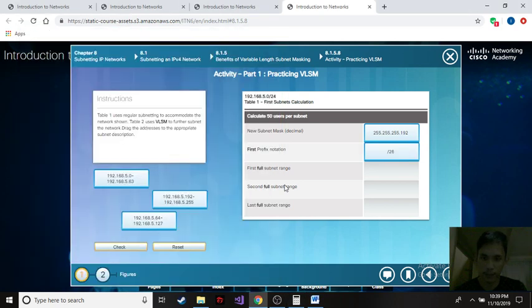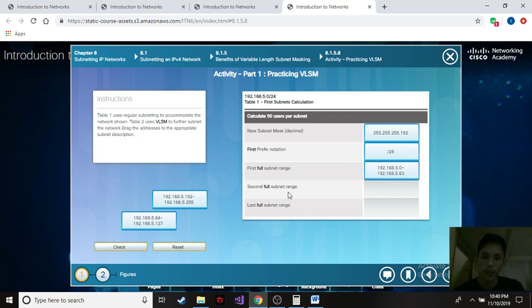For the first full subnet range, we base it on this IP address, 192.168.5.0/24. So we're going to look for the closest IP address here. So this is it.